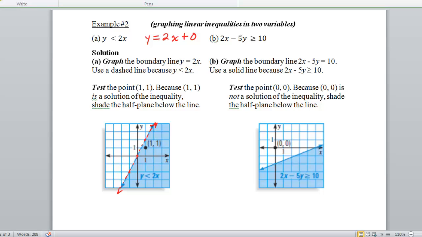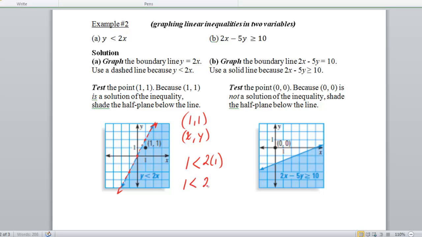Now, here's the second point about testing in two variables. We need to know which value represents x and which represents y, and so I can plug this into the inequality.